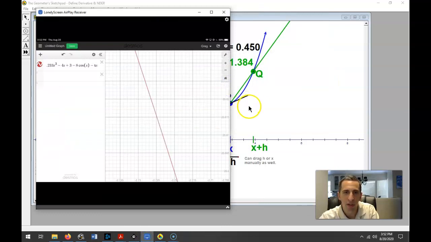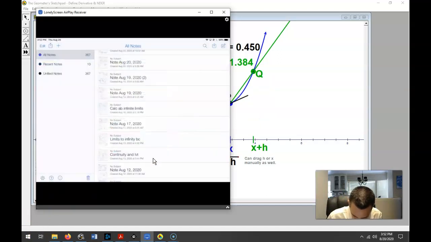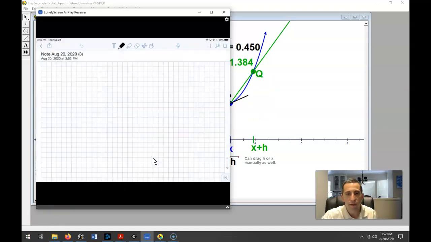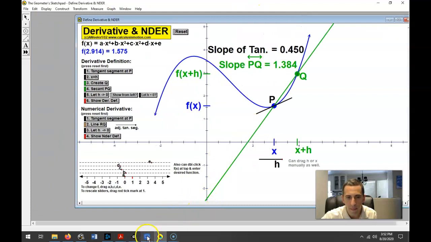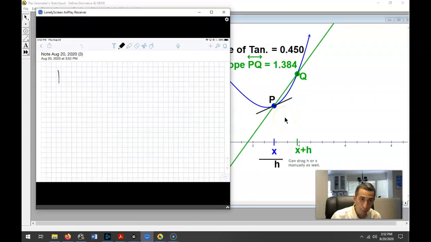What is the slope of that line? That's something I wanted to talk about briefly here. To find that, let's make a document. We want to find the slope of this line. Point P is the point x, comma, f of x.